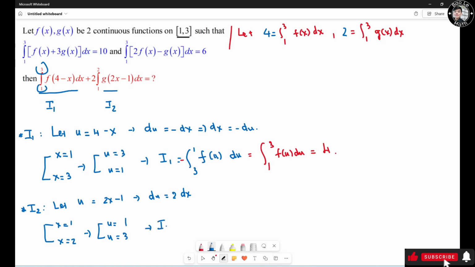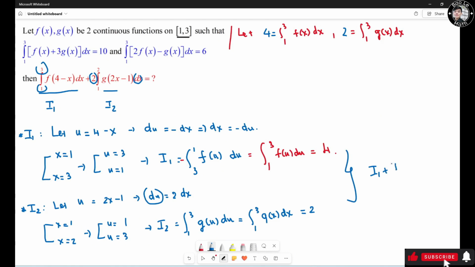So I2 becomes the integral from 1 to 3 of g of u, right? Now 2 ds is going to be du right here, right? So it could be du. Right, this one is the same thing as the integral from 1 to 3 of g s ds, right? And it's going to be right here, equals 2, right? Now finally, I1 plus I2 is going to be 6, right?